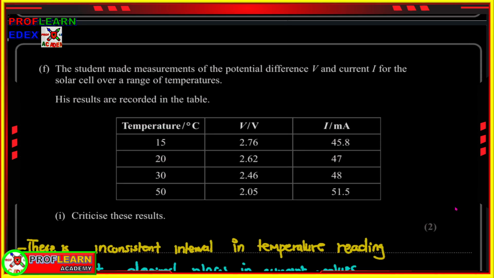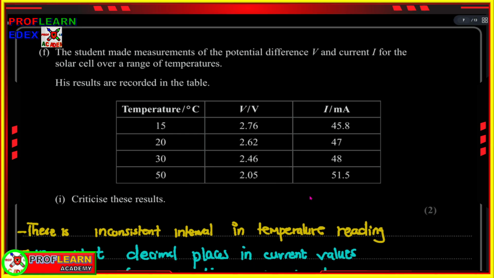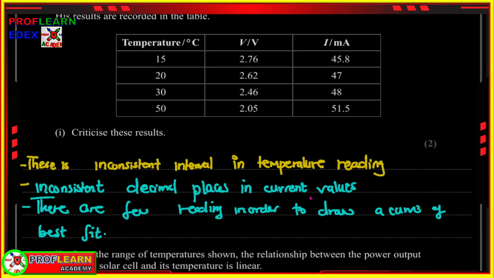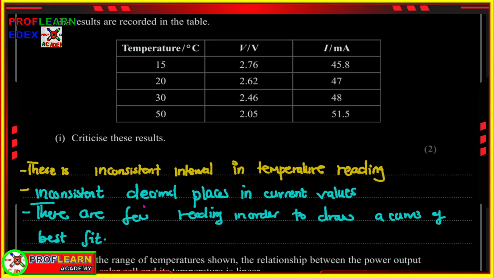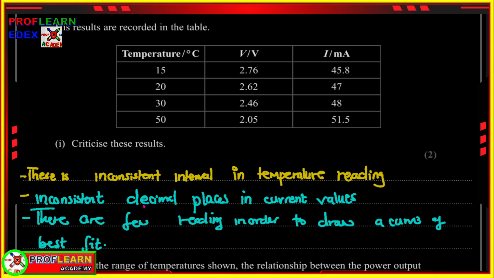Anytime you'll be given tables in this exam, something that you need to remember is you will be told to criticize the result. To criticize the result, you are going to look at the consistency of the decimal places and the number of significant figures that are given. If we look at the data that was provided here, we can notice that there is inconsistency in the number of decimal places and significant figures in the I column.